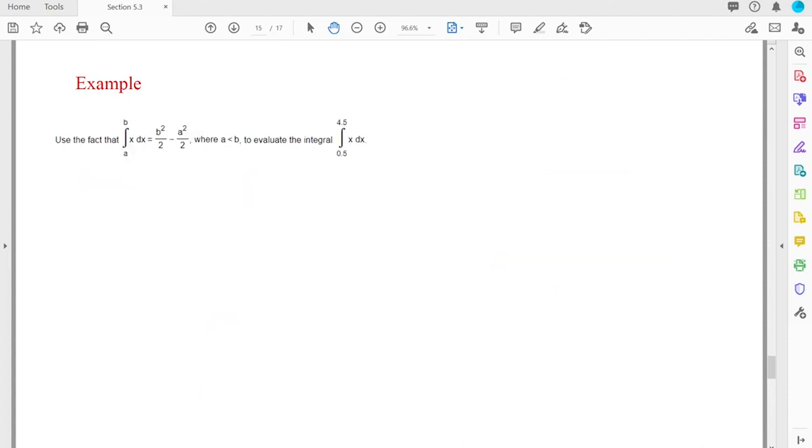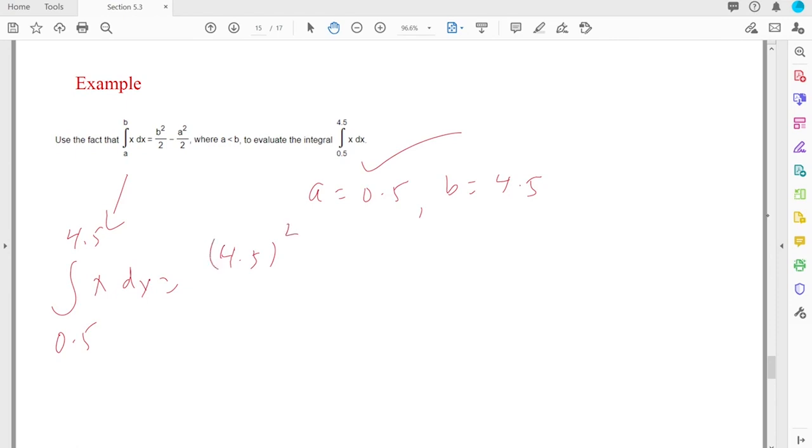Okay, here we would like to find out this integration by using this formula. So just plug the value of a and b in this formula. So a is 0.5, and b is 4.5. Plug this value back in this formula, so that will give us the integral from 0.5 to 4.5 of x dx, b square, which is 4.5 whole square, over 2 minus a square, which is 0.5 whole square, over 2.